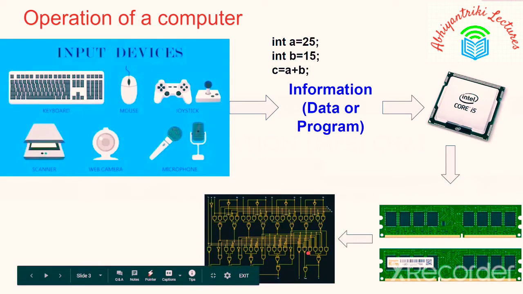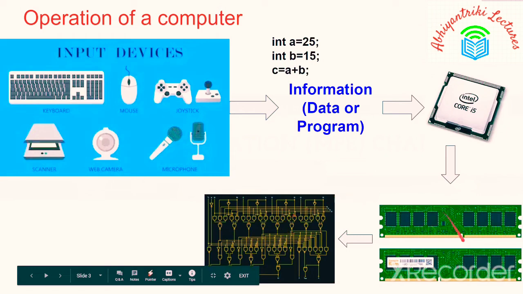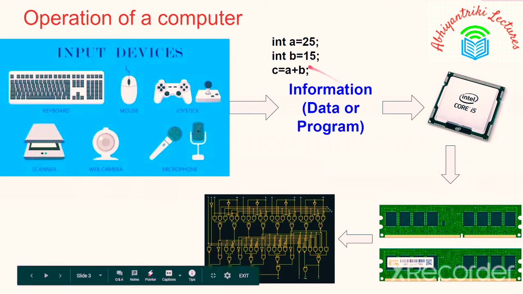Once it performs the addition operation, the result can again be stored in the memory. How will it store in the memory? This entire operation will be controlled by the control unit. We have the control unit that performs the entire operation. The processor cannot directly store the instructions and data into the memory. The control unit has to give permission.